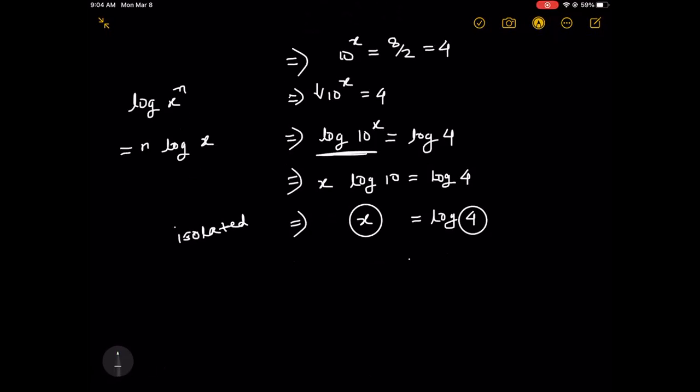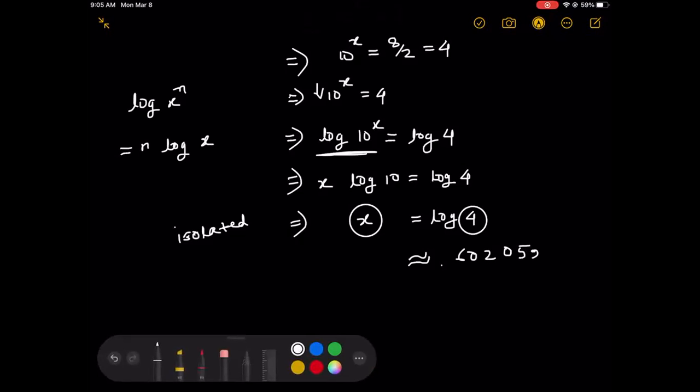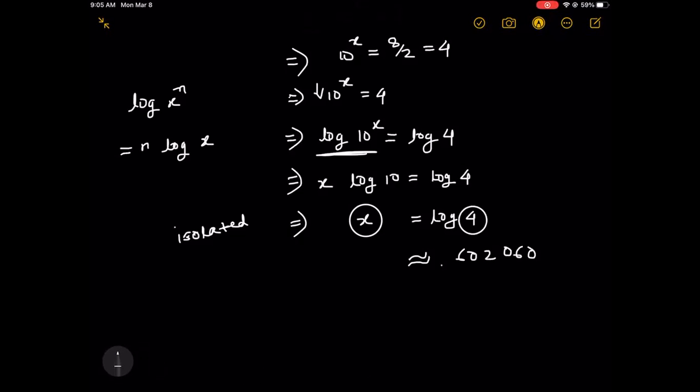So now you can use your calculator. Let me see what it shows. Log of 4 gives you 0.60205, up to 5 decimal points, since there are a bunch of 9s after that.